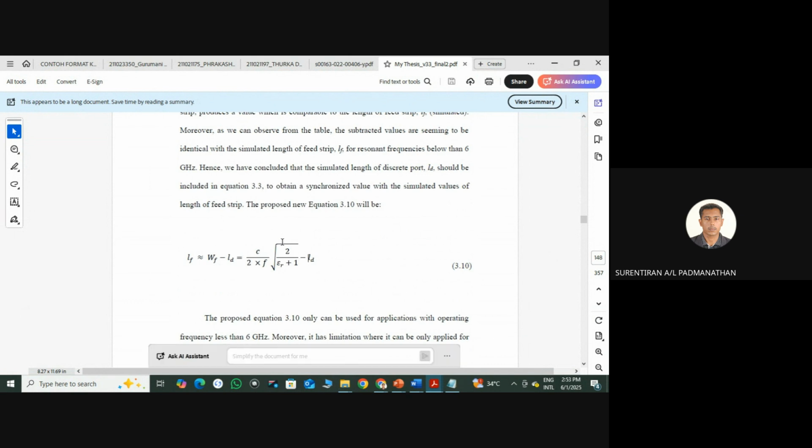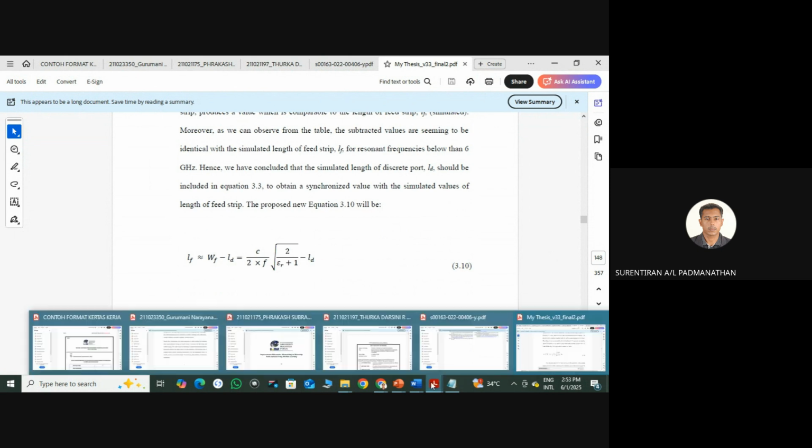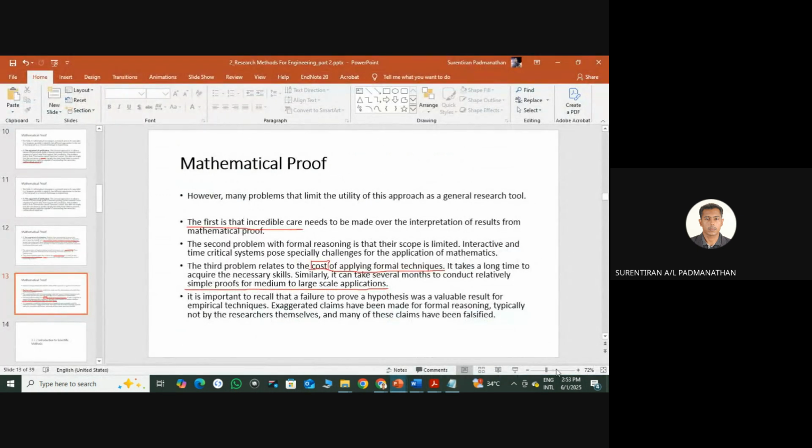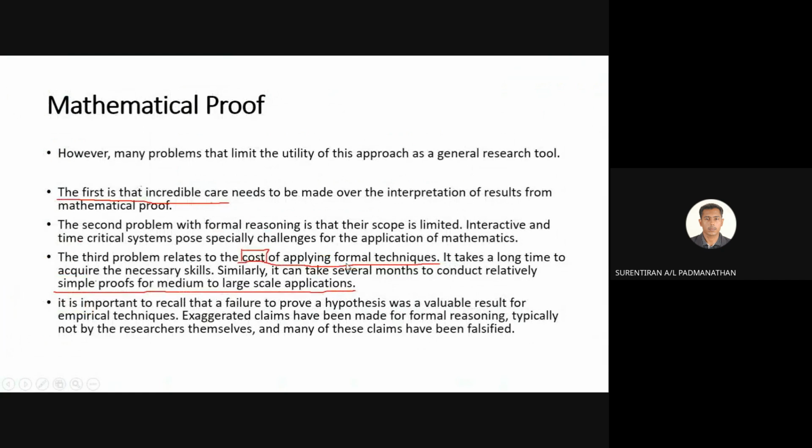How will you identify? So you need to have good mathematical skill so that you can understand and modify that, right? So it might actually take time to prove it. That's why you need some patience. It is important to recall that the failure to prove a hypothesis was a valuable resource for empirical techniques.